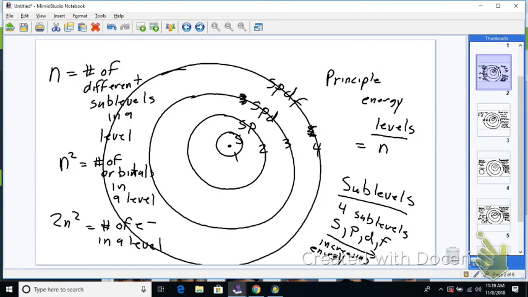The fourth level includes 55 through 71, picks up here at 72, all the way over to 86. How many elements are there? 32. Nice. So if you go 4 squared, I'm guessing it's 32. Yep, it's 16 times 2 is 32.